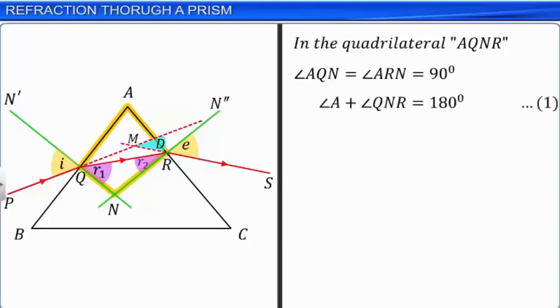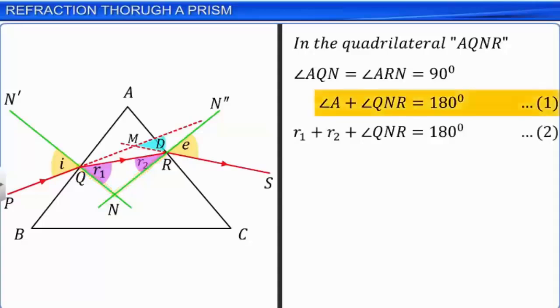Let this be equation 2. From equations 1 and 2, we can write that angle A is equal to R1 plus R2. Since angle A is the refracting angle of the prism, we can write that refracting angle A is equal to R1 plus R2. Let this be equation 3.